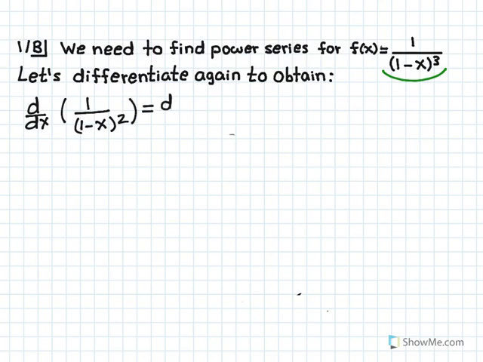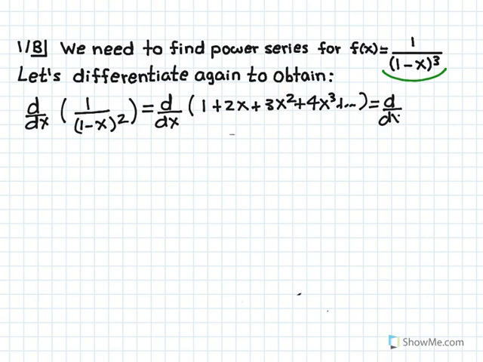This is equal to d dx of the expanded form, 1 plus 2x plus 3x squared plus 4x cubed, and so on. And this is equal to d dx of summation n equals 1 to infinity n x to the power of n minus 1.